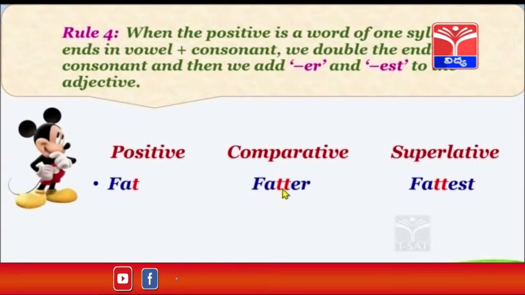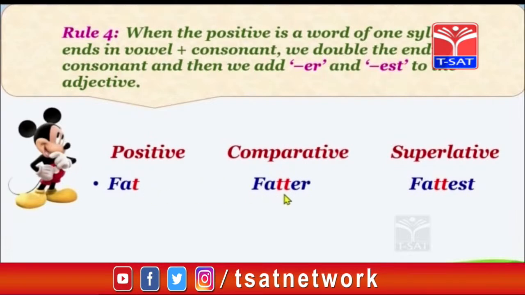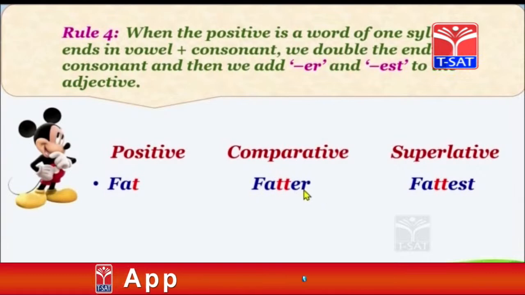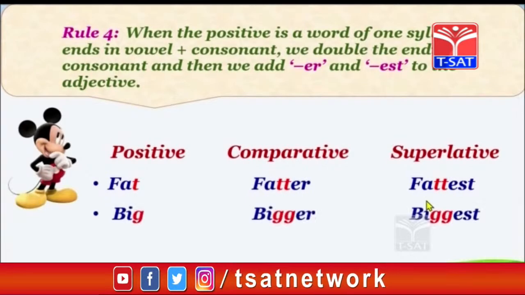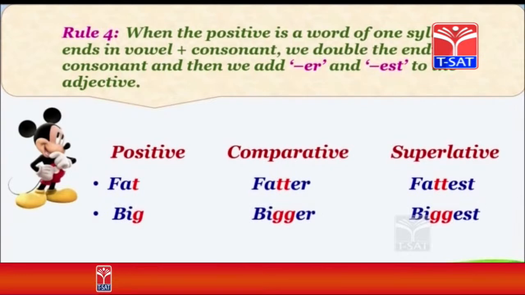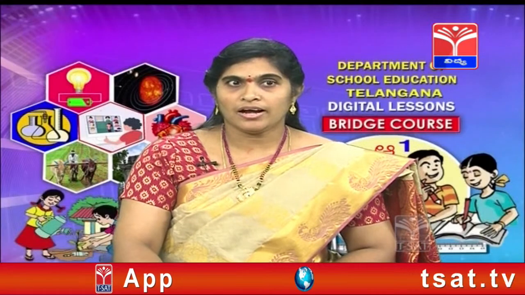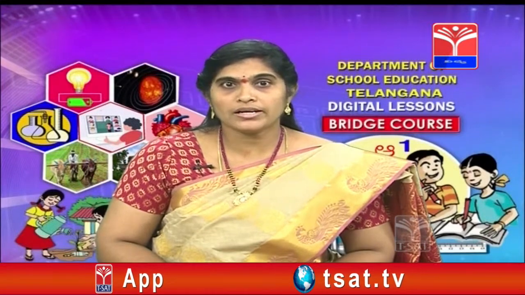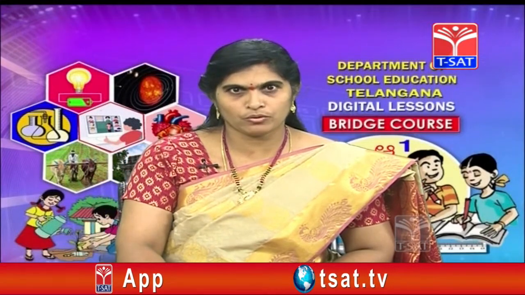And when it came to the comparative degree, the last consonant is doubled and we have added the letters ER. In the same manner, the last consonant T is doubled in the superlative degree and we have added the letters EST. That becomes the fattest. In the same manner, big, bigger, biggest. So children, I hope you all have well understood rule number 4.